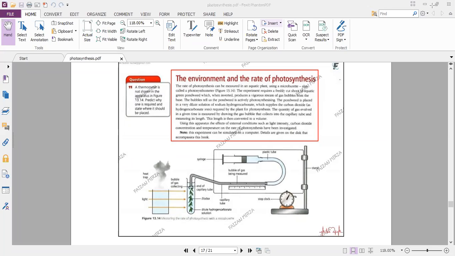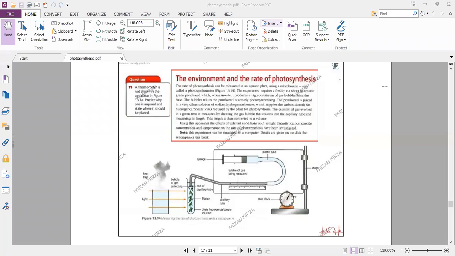You use different setups for every carbon dioxide concentration, or otherwise you can use a carbon dioxide probe. What is a carbon dioxide probe? It is basically an electrical device. You dip it into the water and it gives you a digital reading of how much carbon dioxide is there in the water. You can increase the carbon dioxide concentration accordingly.